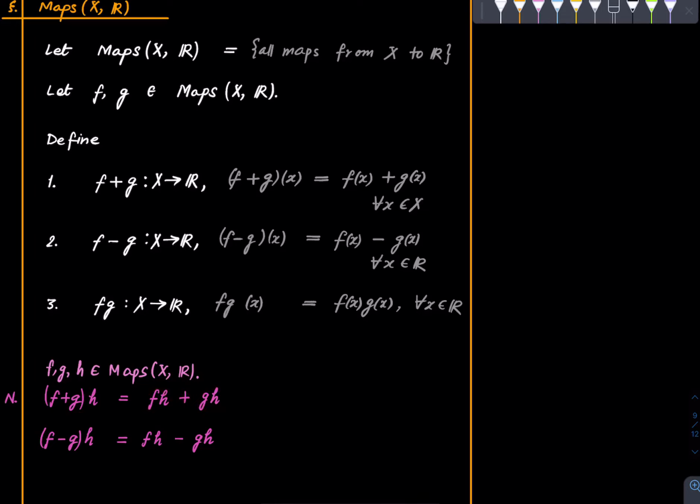The reason is very simple. You just feed it a little x on both sides and see that things match. Similarly, this is the case. So the addition that we define here and the multiplication that we define here behave well with each other. And the reason for this good behavior is the same reason as to why addition and multiplication behave well within the set of real numbers. It's just borrowing that property and giving us this fact.